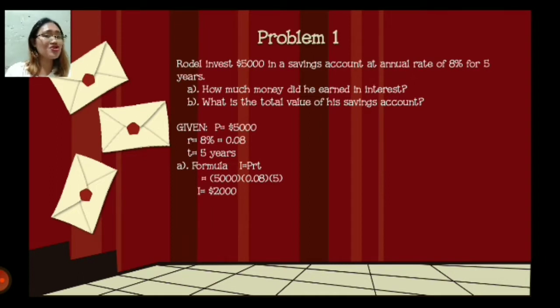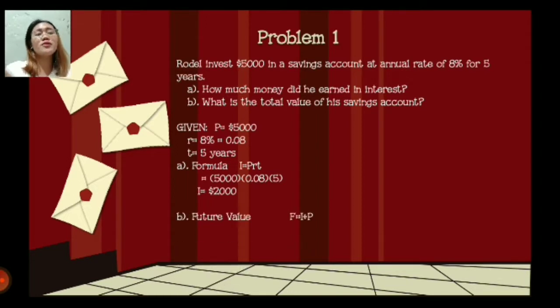And for question B, what is the total value of his savings account? So when we say total savings, it is also known as the future value. So the interest and the principal, we add them to get the total value of his savings account.